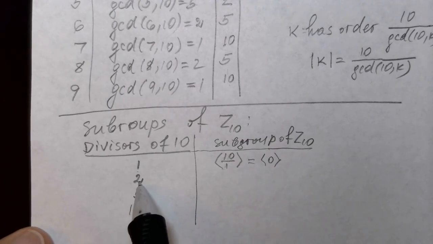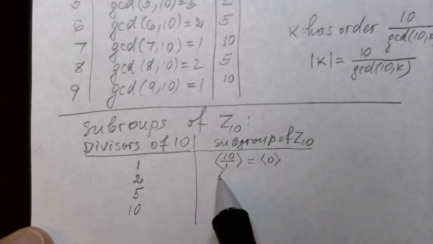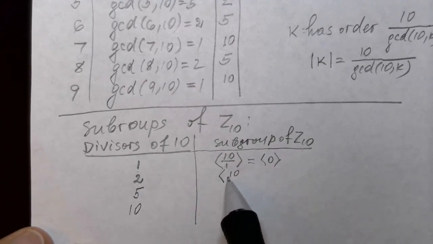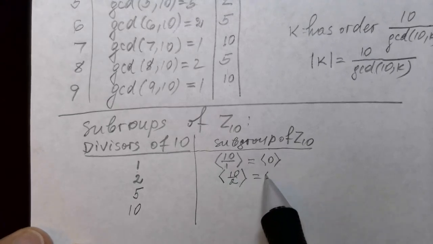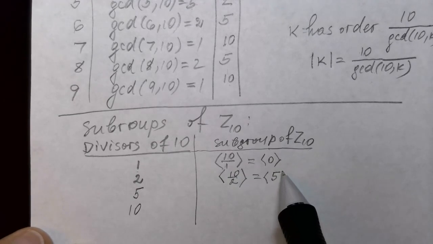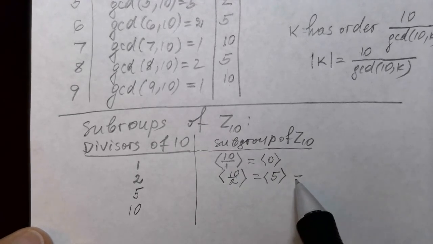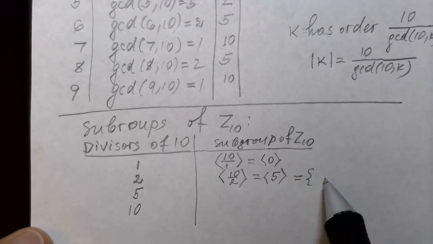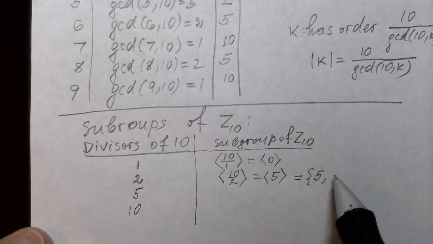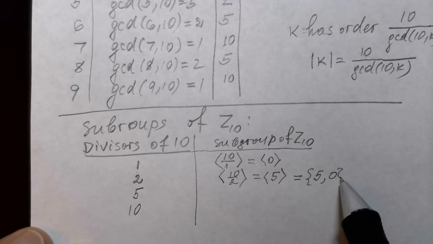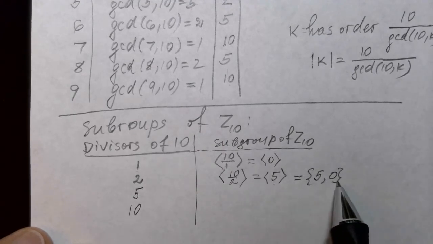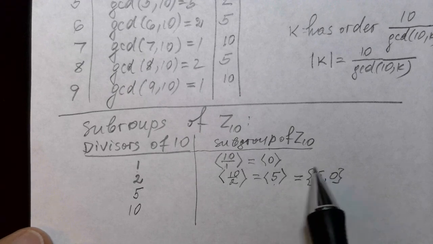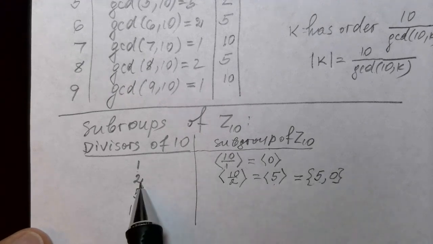Divisor 2: the subgroup generated by 10 divided by 2. 10 divided by 2 is 5, and all multiples of 5 in Z10 are 5, and 2 times 5 is 10, which is 0. So in this group generated by 5, we have only 2 numbers, so it is a group of order 2 as needed.